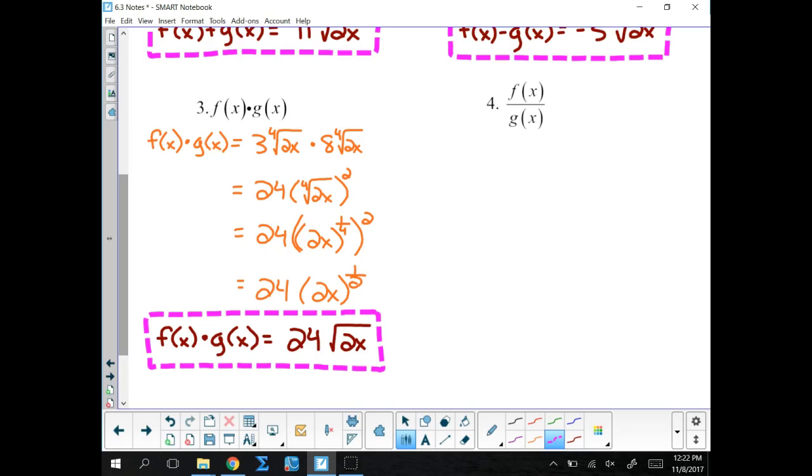Okay, what about dividing them? Gotta pick a color. Oh, purple. Already picked it. What do we get? 3/8.